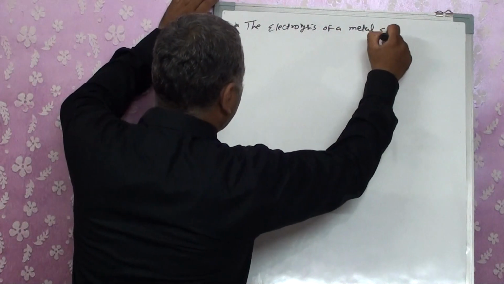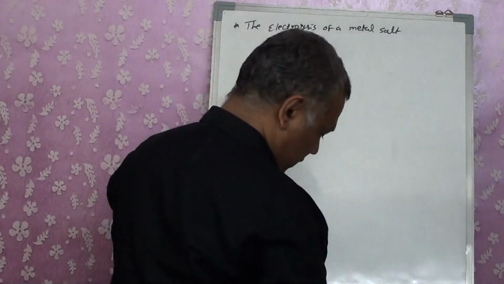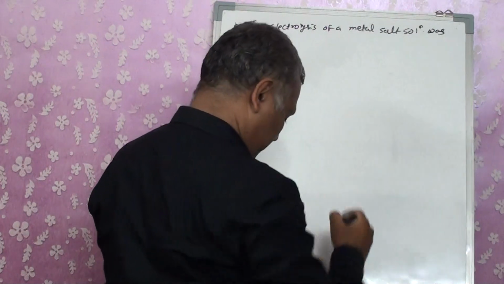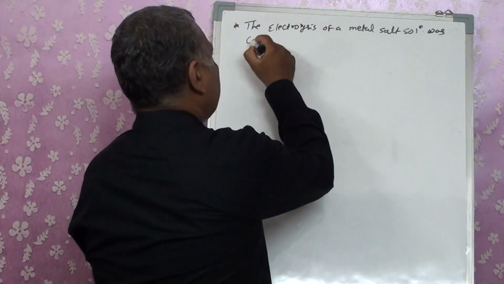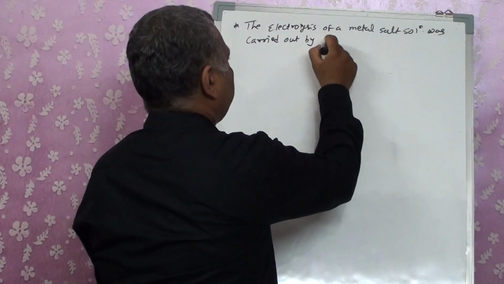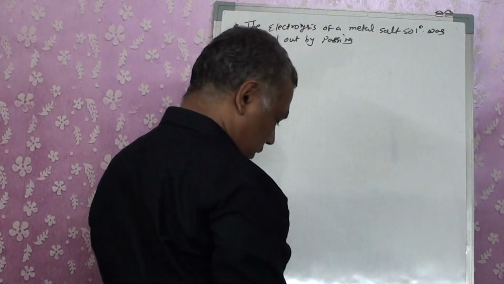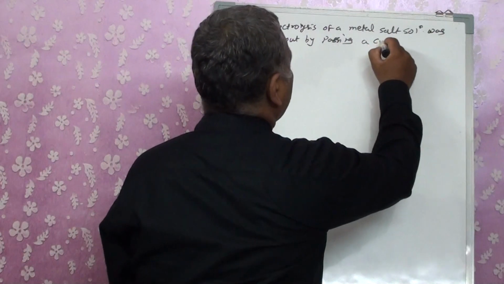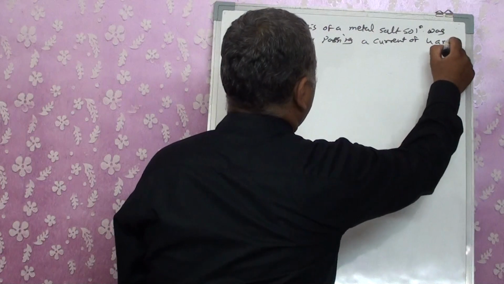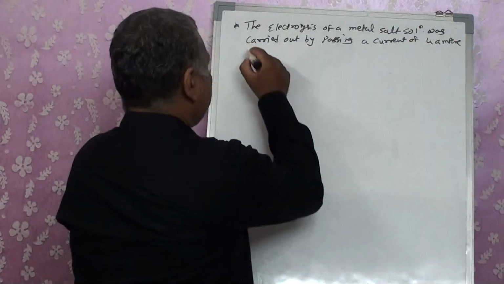Electrolysis of a metal salt solution was carried out by passing a current of 4 ampere for 45 minutes.